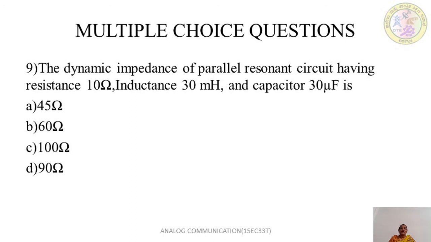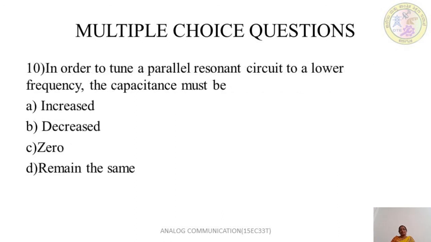We calculate this using Z is equal to L by CR. Substituting the L, R and C values, after simplification you will get 100. The answer is C, 100 ohms.